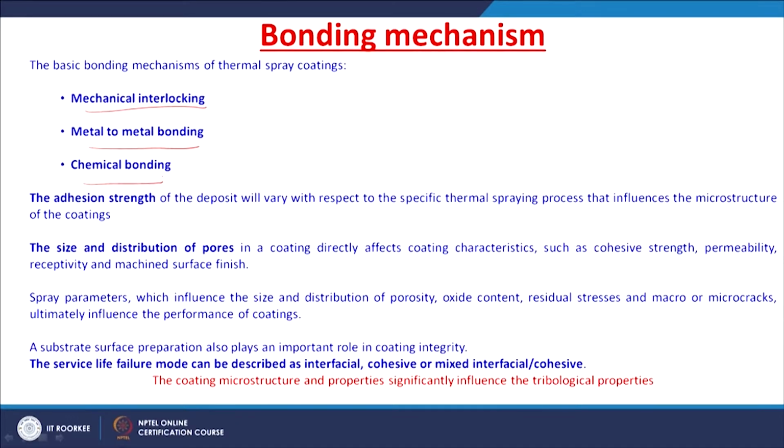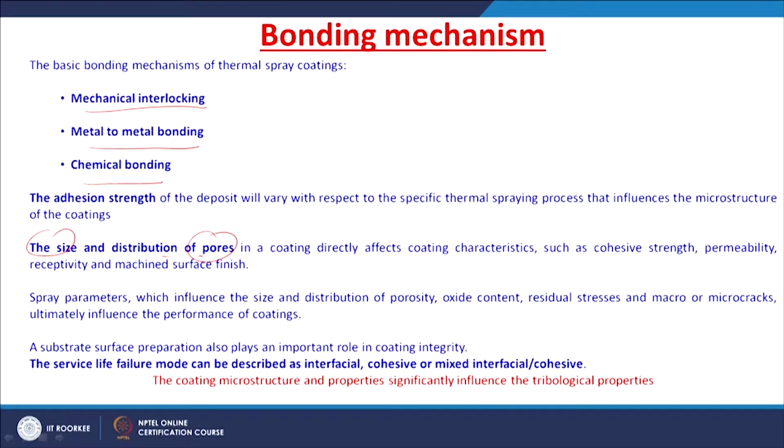The adhesion strength of the deposit will vary with respect to the specific thermal spraying technique that influences the microstructure of the resultant coating, and the distribution and size of the pores in a coating directly affect the coating characteristics such as strength, permeability, resistivity and machined surface finish. So, porosity, the distribution of these pores and their size are also very important factors in generating a strong bond of this coating.